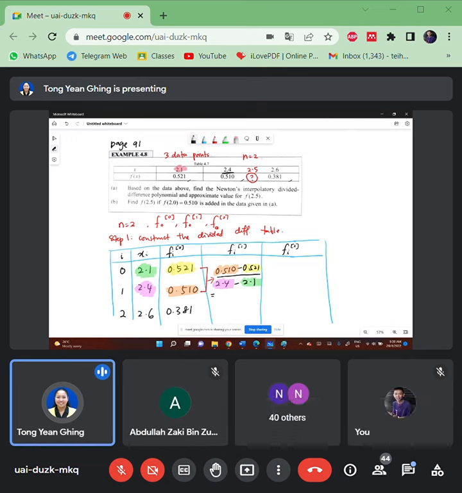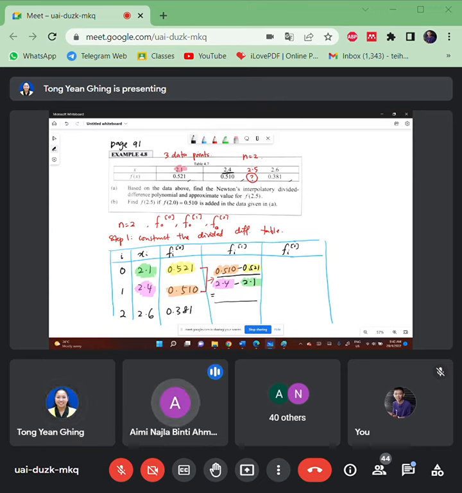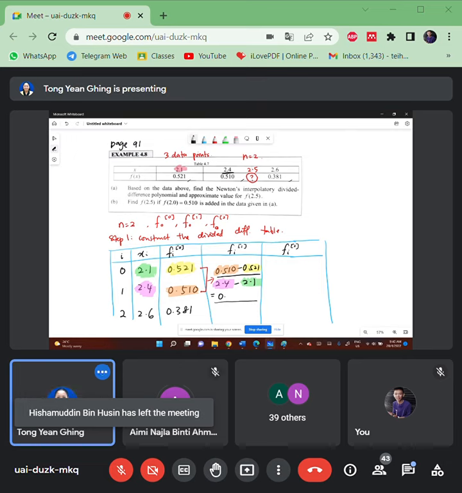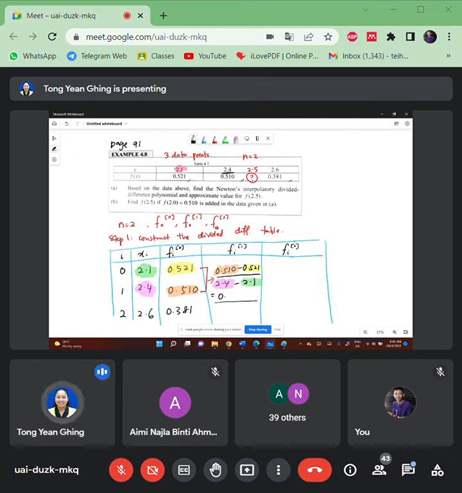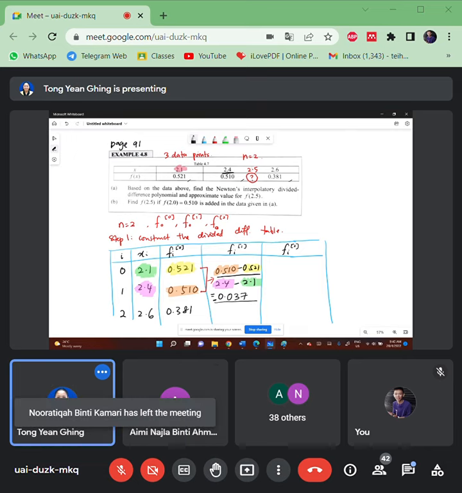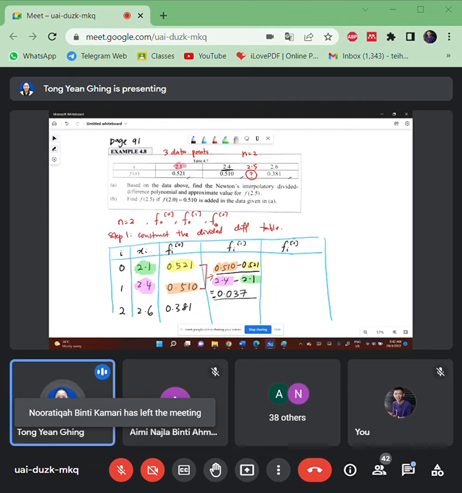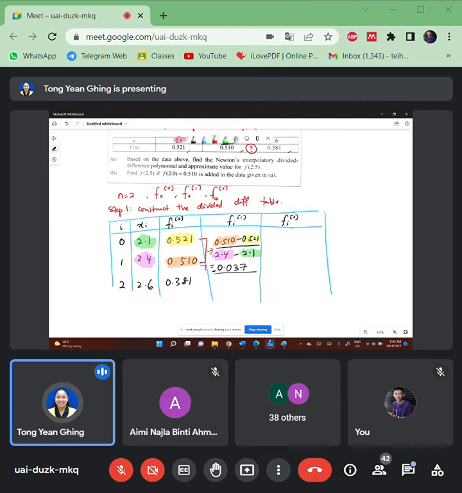Dia punya jawapan sini apa? 0.510 minus 0.521 divide by 2.4 minus 2.1. Negatif 0.037. Ya, betul. Okay.